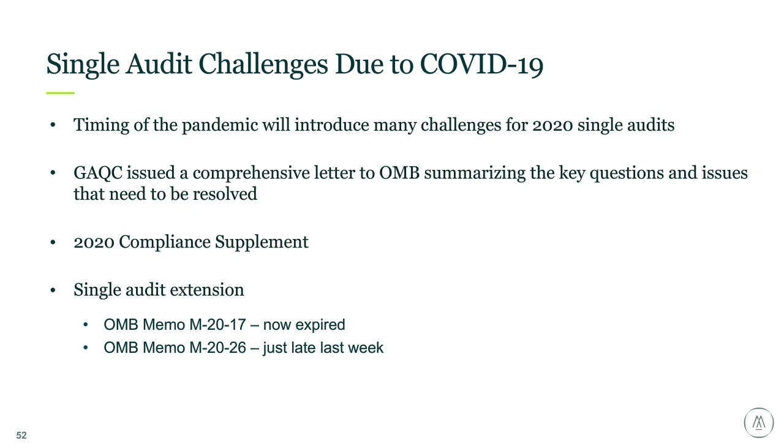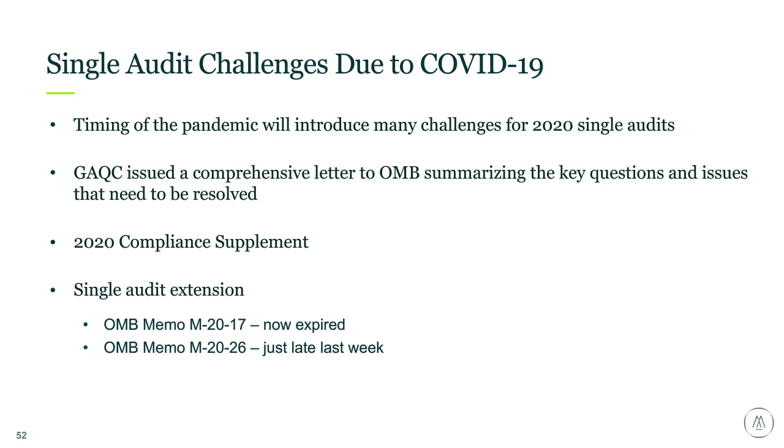OMB has issued a couple of memos. They issued memo M20-17. That memo is now expired. That memo had extended the single audit extension, which is normally 9 months after a year end.